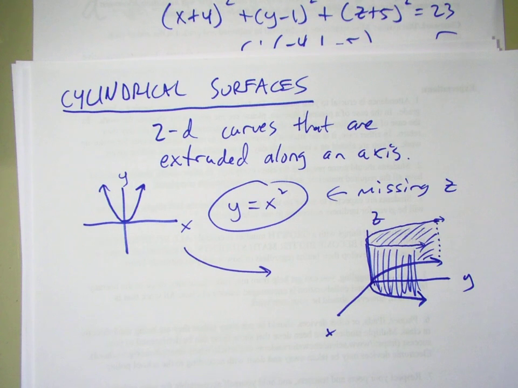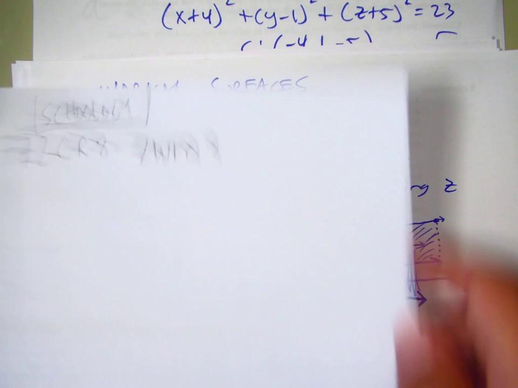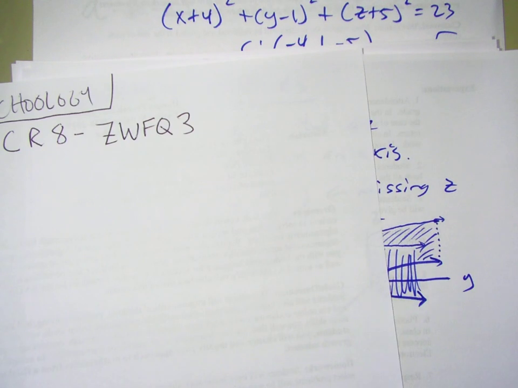Okay, there's your parabola, y equals x squared. You extend every part of the graph, so every point gets extruded. I just take whatever curve I have, and I just draw a copy of it above or below, and then connect. And that's how you get the 3-dimensional cylindrical surface. Does that kind of make sense to you guys? Okay. So we're going to run out of time, but I've covered everything just barely today.